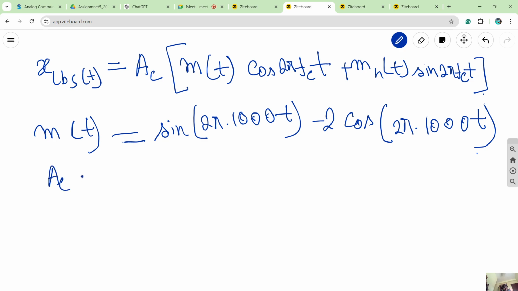And Ac is also given, 500. So first we have to get what is the Hilbert transformation. So m_h(t) is actually what?